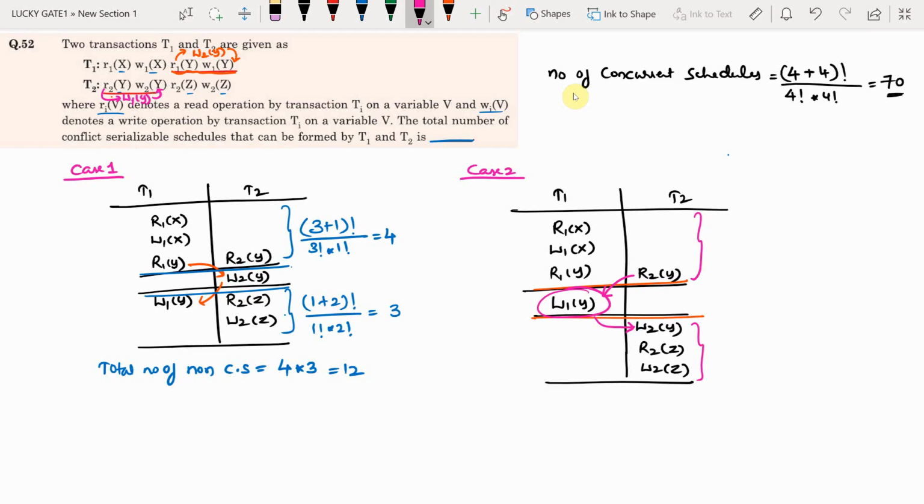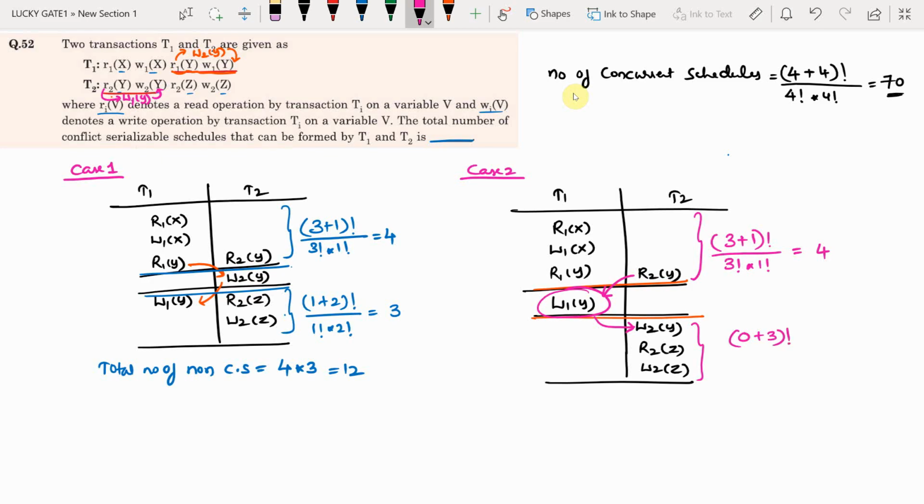Now we'll see how many possibilities in the upper side. The similar way we solved case 1, we will solve case 2 also. Because T1 has 3 operations and T2 has 1 operation, the total number of concurrent schedules possible is (3 plus 1)! by 3! into 1!, which is 4 possibilities. In the bottom side, there are no operations in T1, we call 0 operations, and 3 operations in T2.